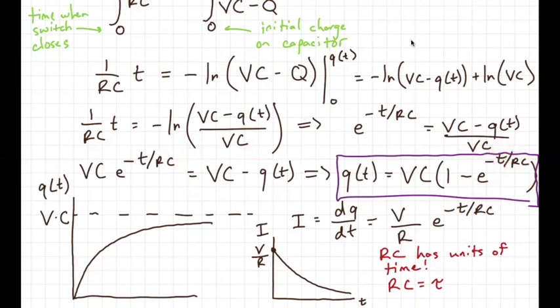If RC is really short, then this term is just bigger and the exponential reduces faster. So turning up RC increases the time of decay of this term, which increases the time it takes to get to the asymptote in this function right here.